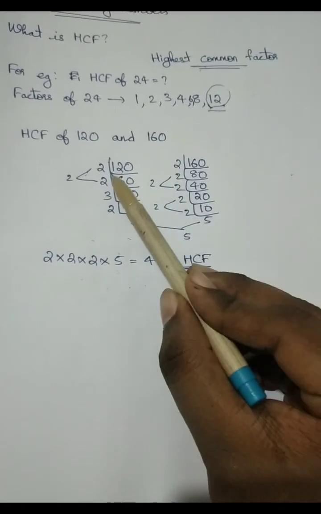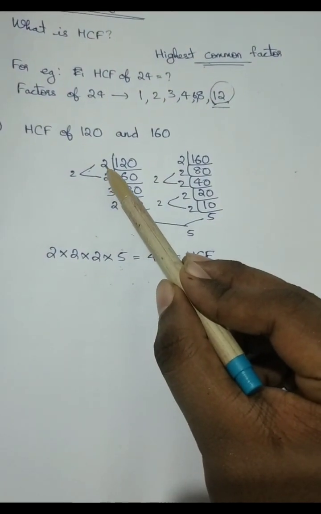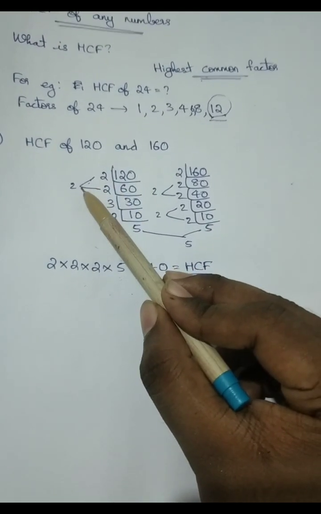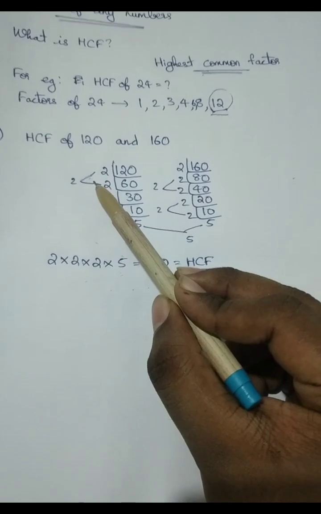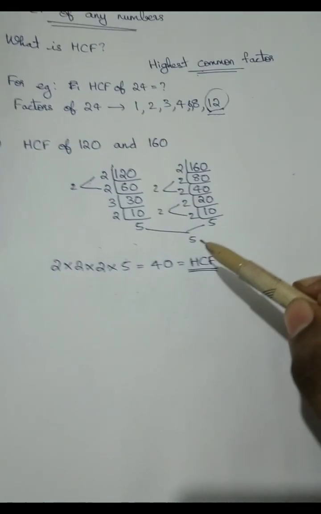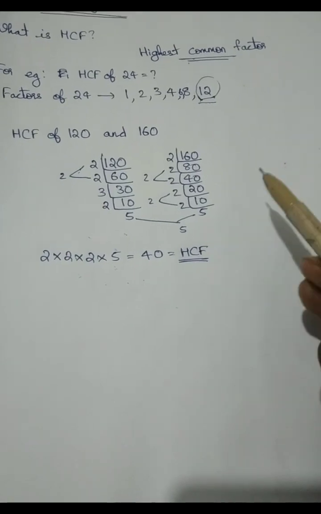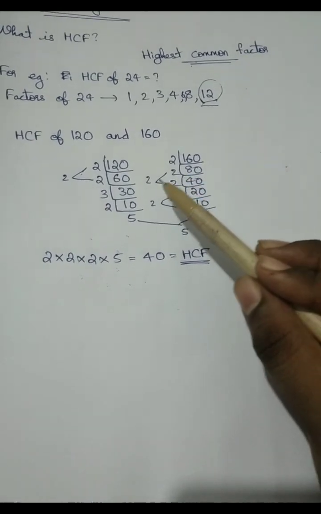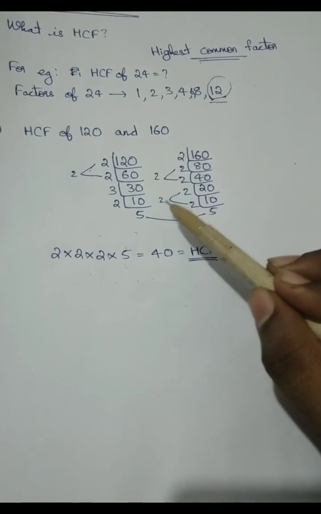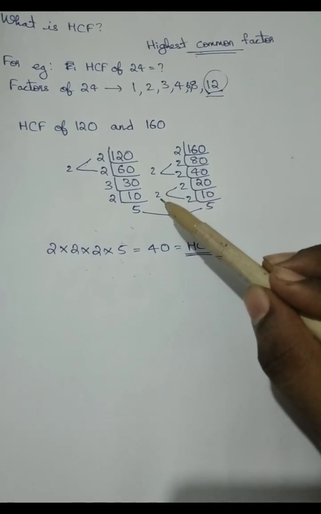So there are two 2's, and when we take 2 from it, we take only one 2. And there are 5's in both, so we take one 5. And there are 2's in both, and we take one 2. And again there are 2's in both, and we take one 2.